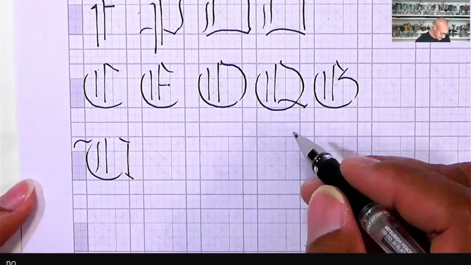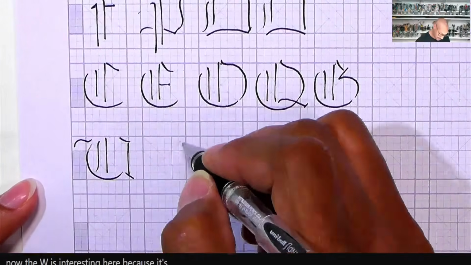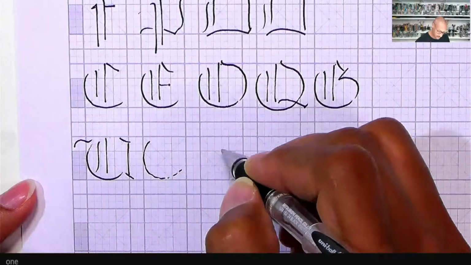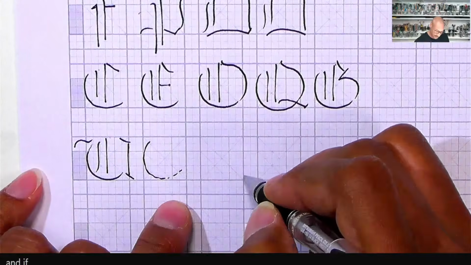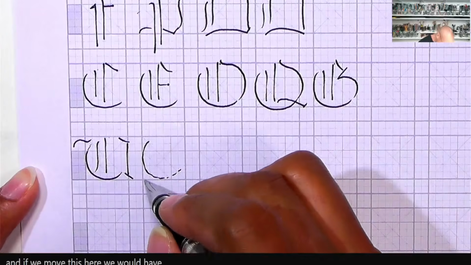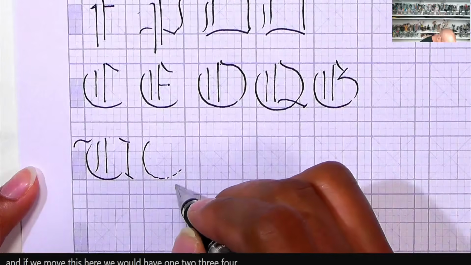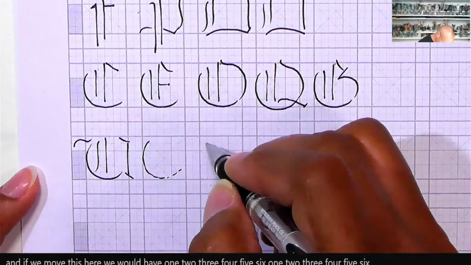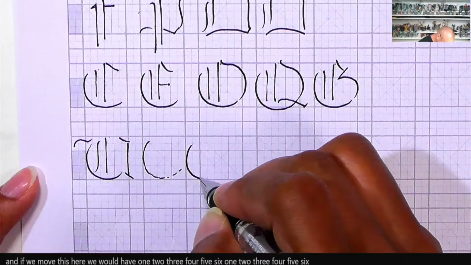Now the W is interesting here because it's actually 1. And if we move this here, we would have 1, 2, 3, 4, 5, 6. 2.